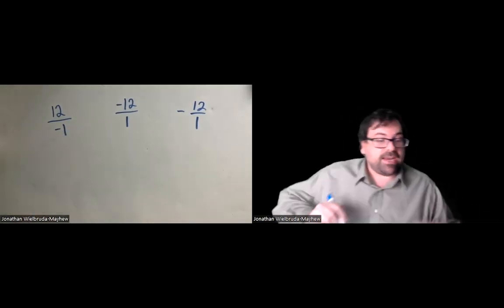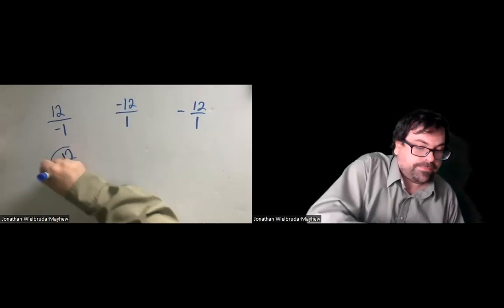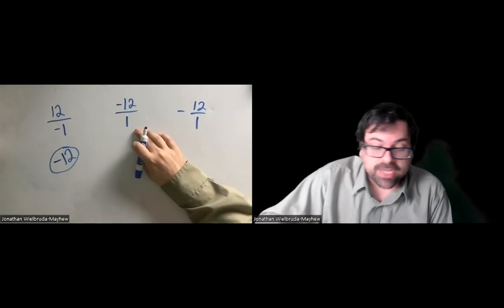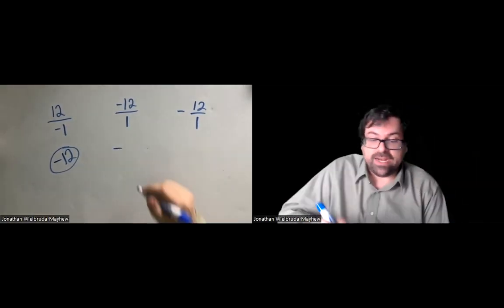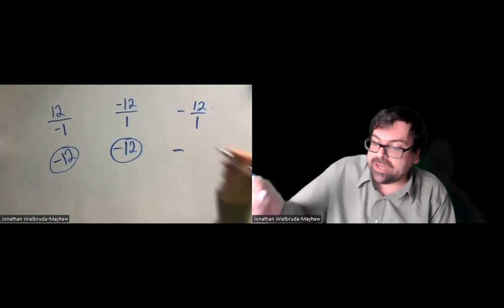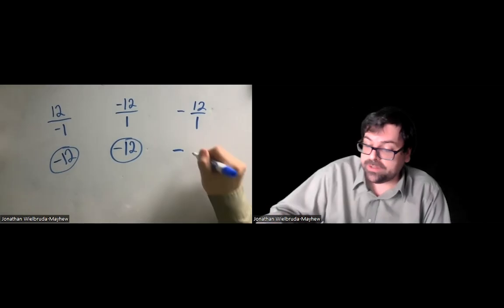Well, positive divided by negative is negative. 12 divided by 1 is 12. Negative divided by positive is negative. 12 divided by 1 is 12. And here we have negative 12 divided by 1. 12 divided by 1 is 12.